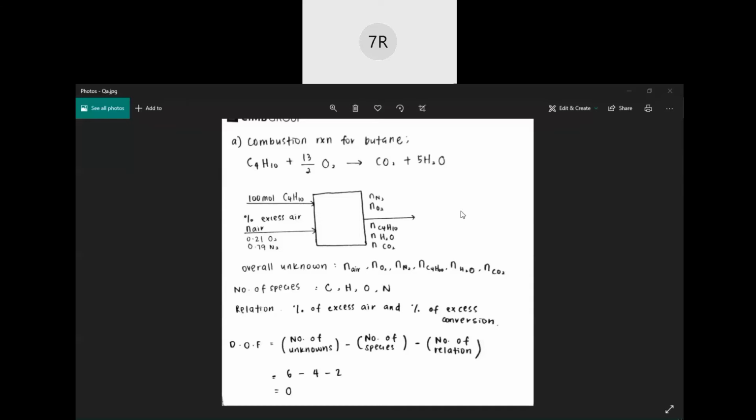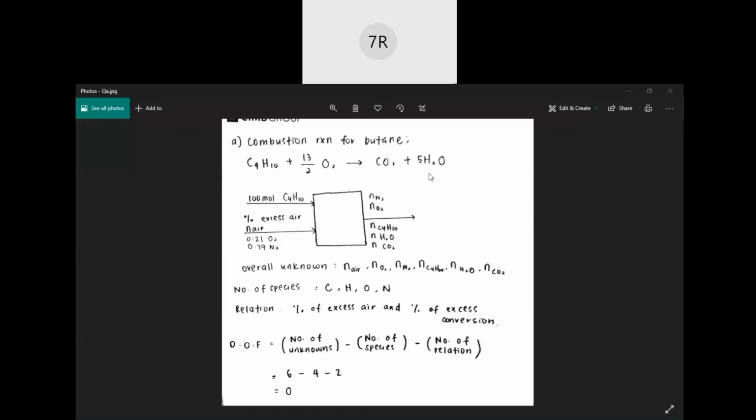First, we write the complete balanced equation, and then we draw the flow diagram.